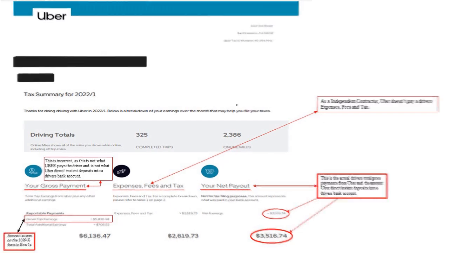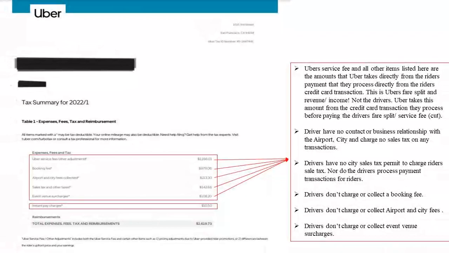Let's examine that a little further. Looking at the expenses, taxes, and reimbursements as listed here in Uber's summary for January 2022, we will see that Uber has deducted Uber's service fee and other adjustments that equal $1,166.01.